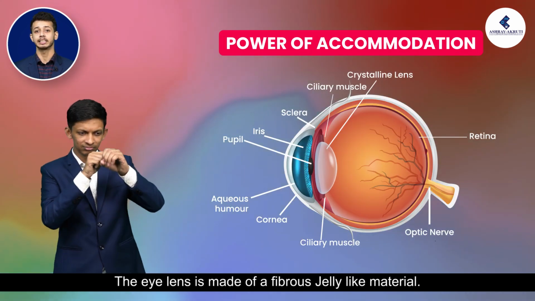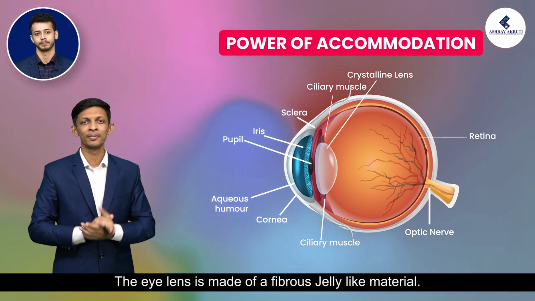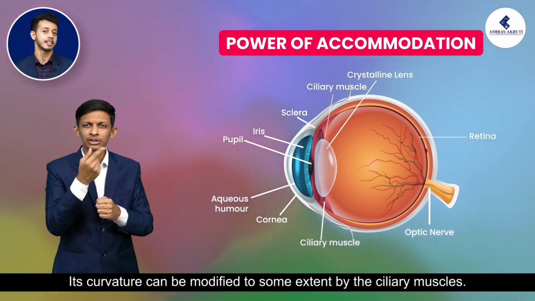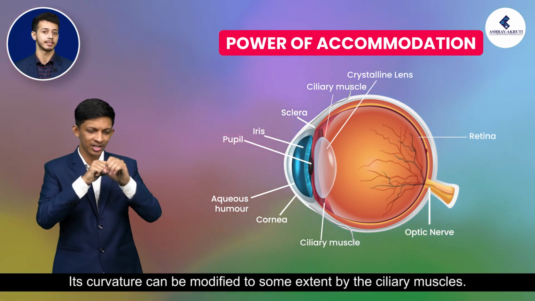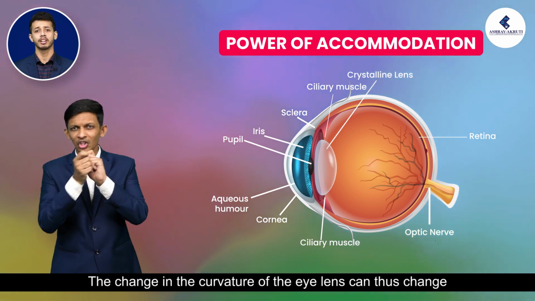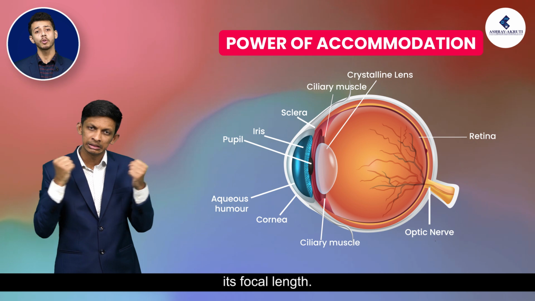The eye lens is made of a fibrous, jelly-like material. Its curvature can be modified to some extent by the ciliary muscles. The change in the curvature of the eye lens can thus change its focal length.